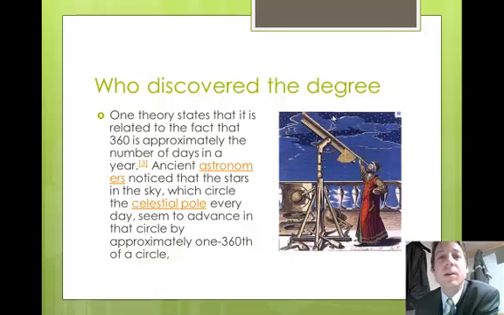And they thought there were 360 days in a year, depending on which calendar you look at. So every day they measured the part that the stars moved, and that's what a degree was. It moved 1 day out of 360 days.